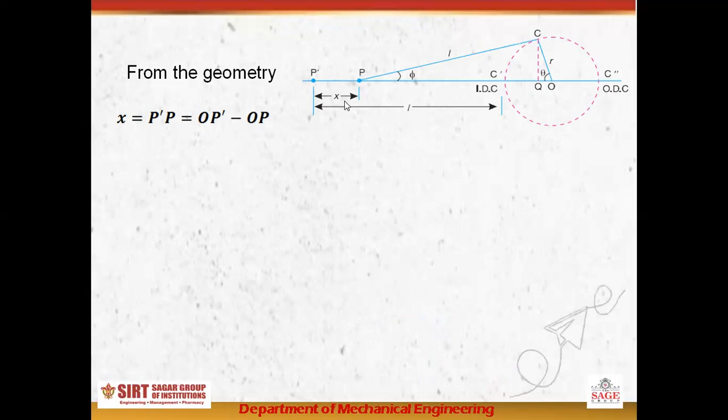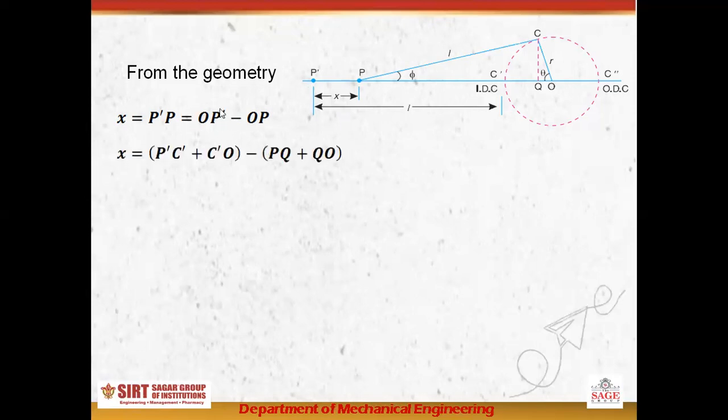It can also be written as OP dash minus OP. That means the distance OP dash minus the distance OP. The difference of these will give x, which is the displacement.